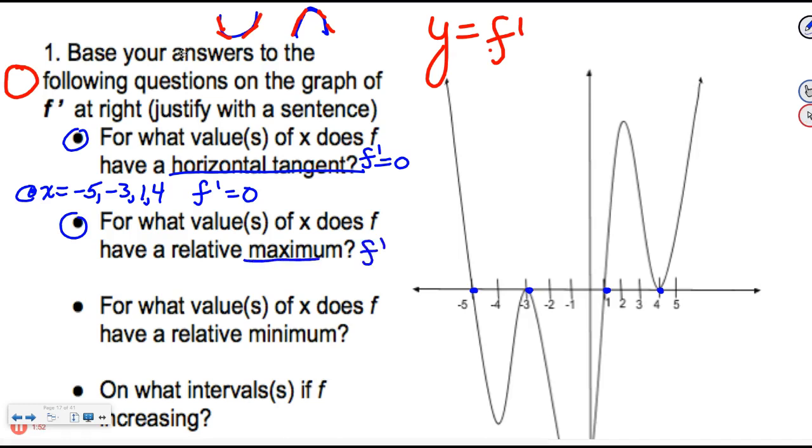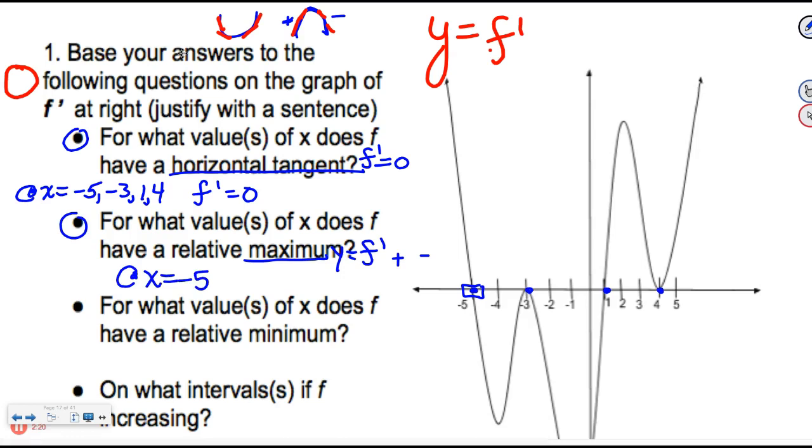In particular, for a maximum, we need f prime, the slopes, to go from positive to negative. Well, these are the graphs of f prime, so I need y to go from positive to negative. That occurs at this critical value, and I think that's the only one where we go from positive to negative. So we would say at x equals -5.